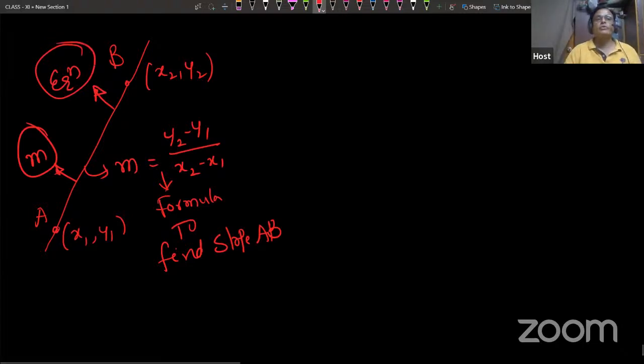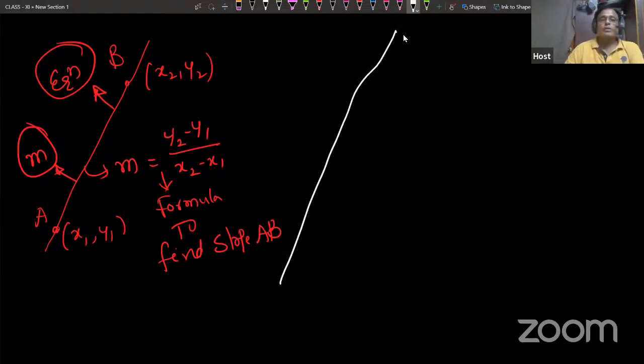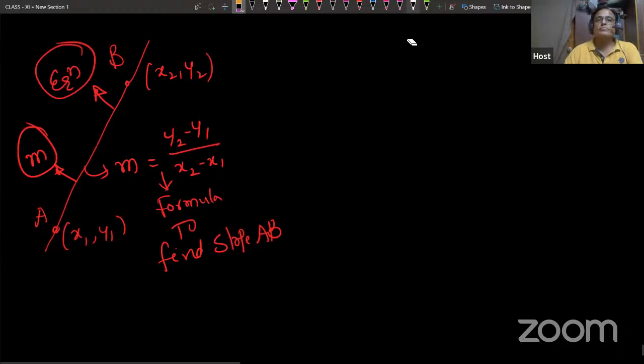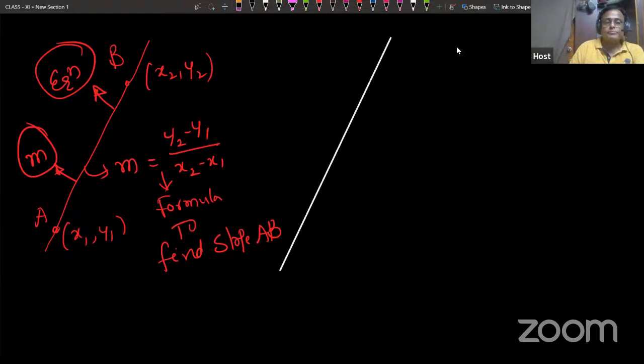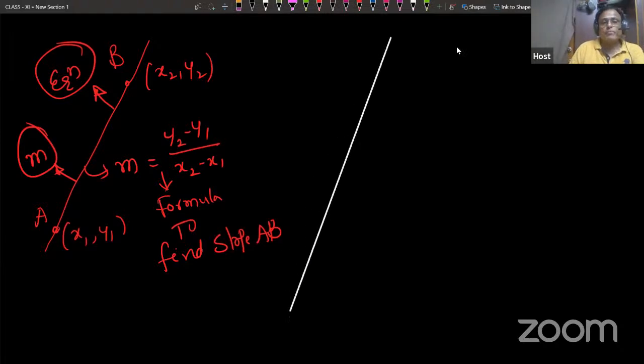But here, what is the question now? Try to understand. Here, there is a line, and this line is joining two given points.